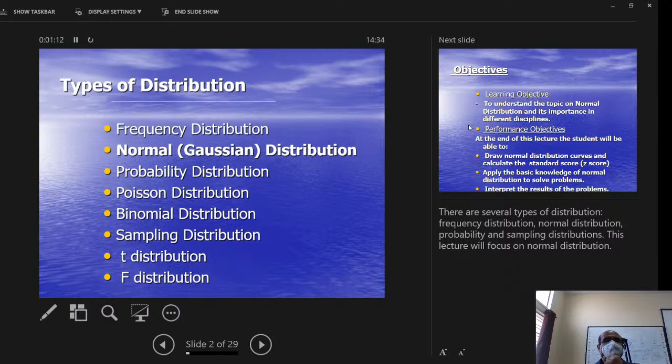Now, types of distributions are frequency distribution, normal and Gaussian distribution, probability distribution, Poisson distribution, binomial distribution, sampling distribution, T distribution, and F distribution. When you collect the data from the population, you may see these different kinds of distributions.